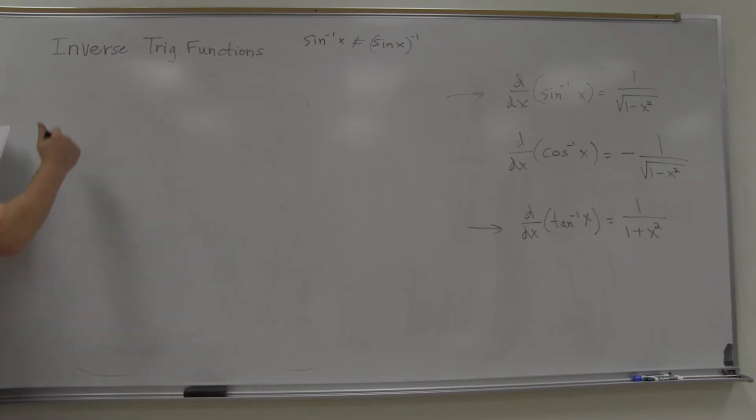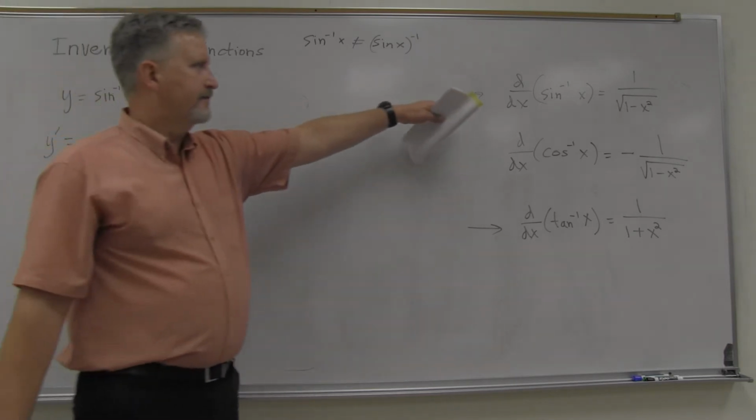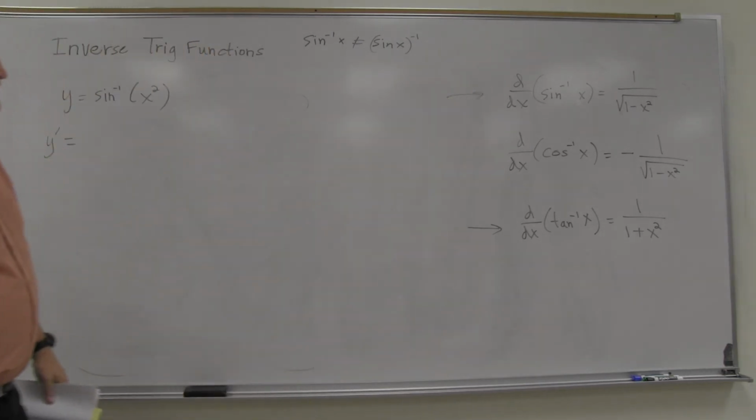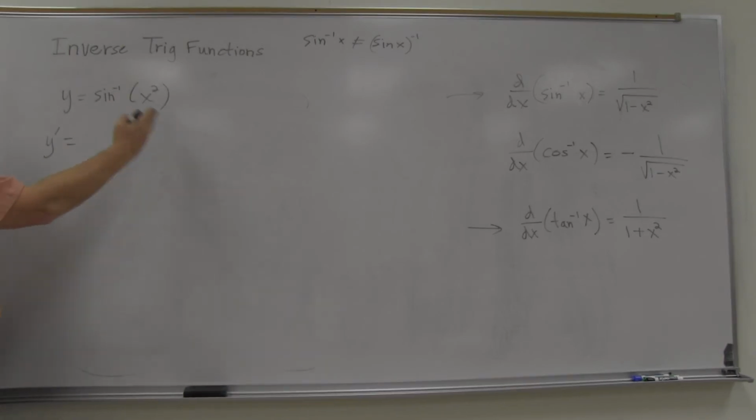Okay, so if y equals sine inverse of x squared, of course, what they'll do is they'll just throw the chain rule in on it. What does that mean here for the derivative? Well, there's our derivative of the sine inverse. So what would this derivative be? Well, it's chain rule, outside, inside.